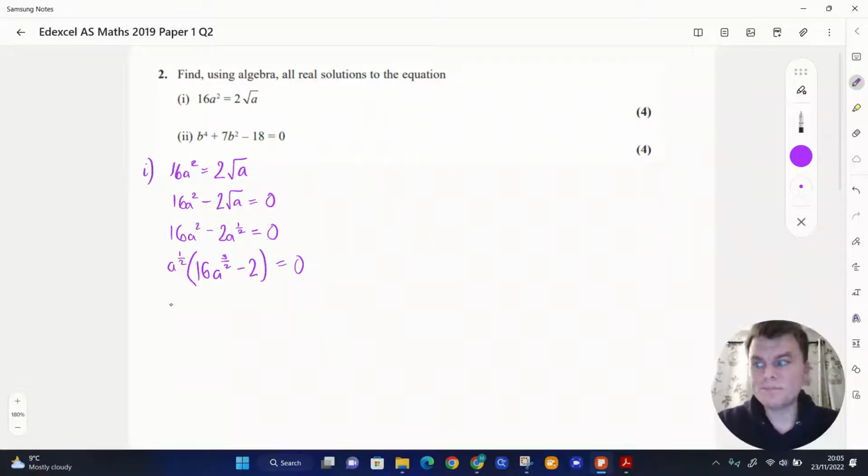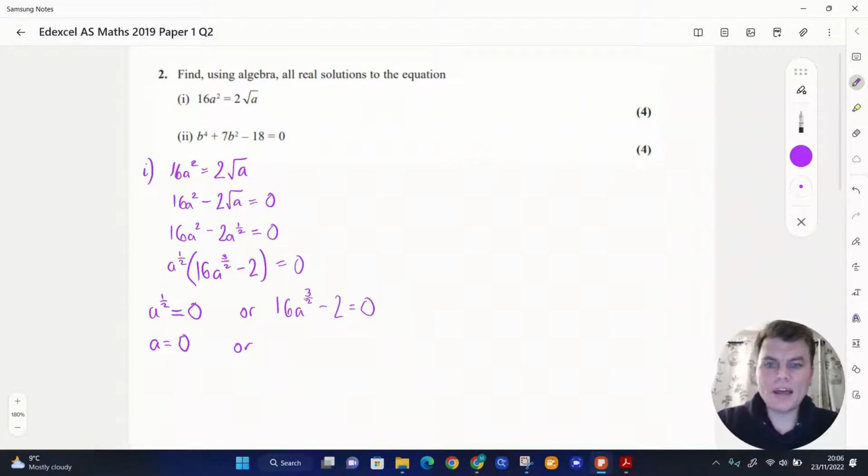The first one is a to the half equals 0, or 16a to the 3 over 2 minus 2 equals 0. This one's the easier solution. a is just 0. This one requires a little bit more.